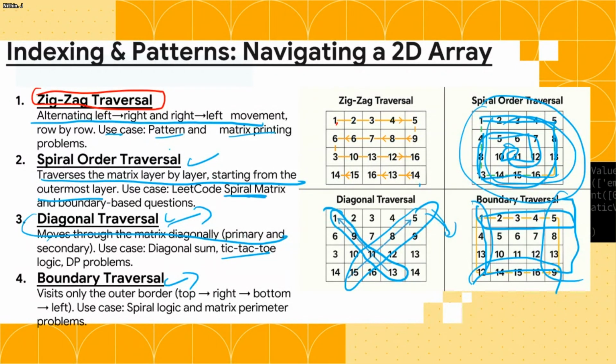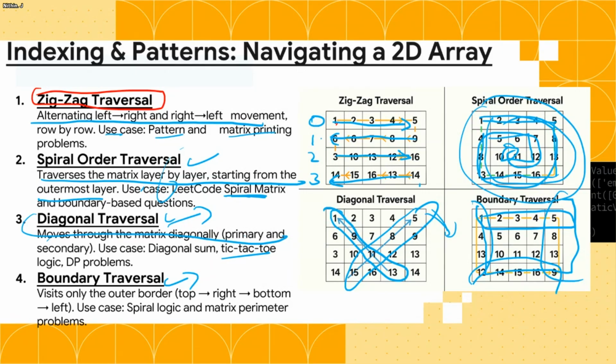So basically, if I write here 0, 1, 2, 3. For the 0th row, as I said, we are doing left to right. And for the first row, we are doing from right to left. For the next row, it is left to right, and for the last row, it is right to left.